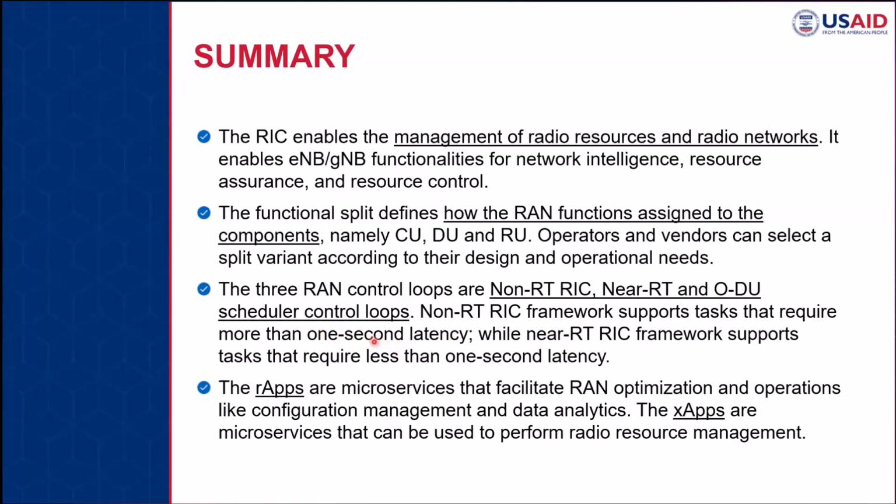The non-real-time RIC framework supports tasks that require more than 1 second latency, while the near real-time RIC supports tasks with less than 1 second latency. The rApps are microservices that facilitate RAN optimization and operations like configuration management and data analytics. The xApps are microservices that can be used to perform radio resource management.